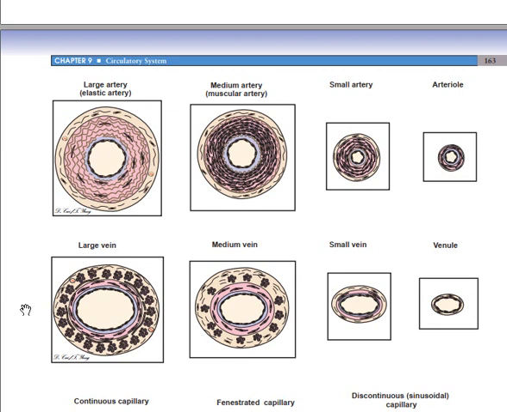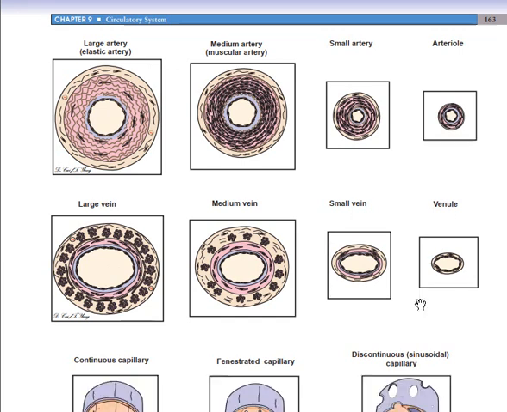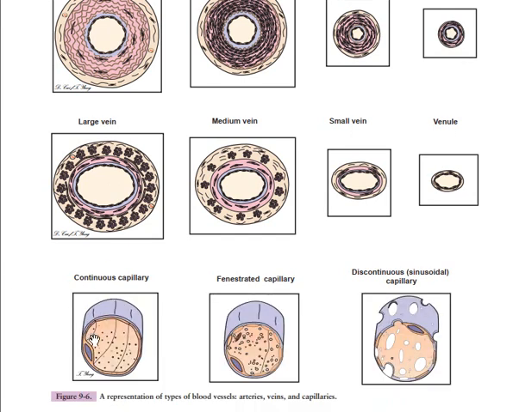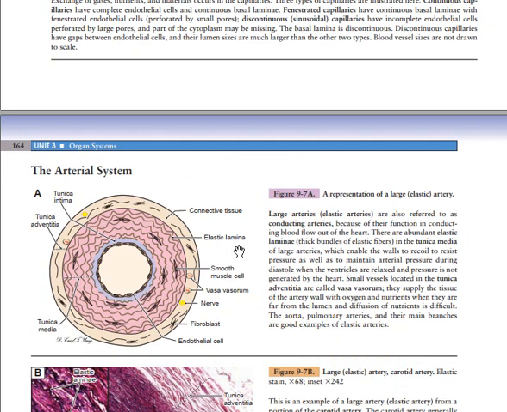Large veins, medium veins, small veins, and venules. And then you have continuous capillaries. The fenestrated capillaries, you can see fenestration here, and then discontinuous or sinusoidal capillaries. You can see all this. You're going to visualize more in depth later.